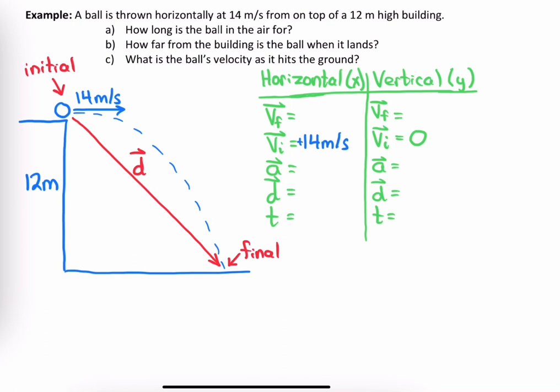So I'm going to replace that displacement with its y component and its x component. And so this y component of displacement is what goes here for displacement on the y side. And this x component of displacement goes here for displacement on the x side.